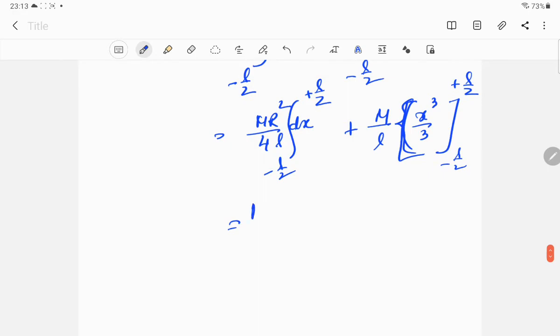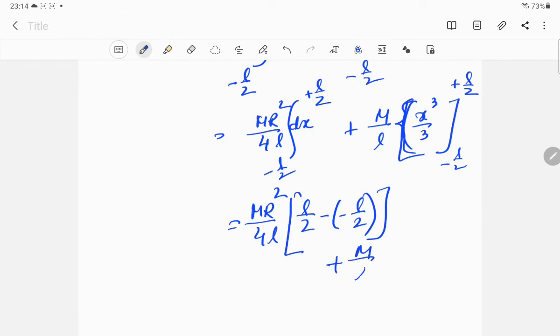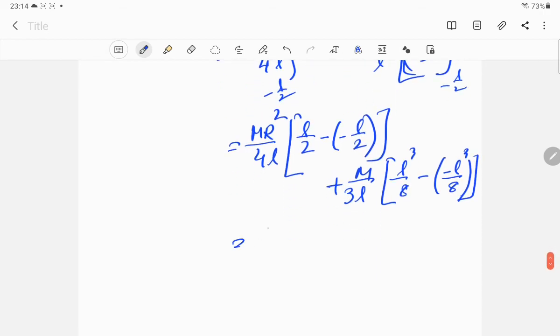So here we have m r square by 4l times (l by 2 minus minus l by 2), plus m by 3l, where the 3 we can take out, times (l cube by 8 minus minus l cube by 8). So finally it will give m r square by 4l times twice l by 2, and then m by 3l times 2 l cube by 8.